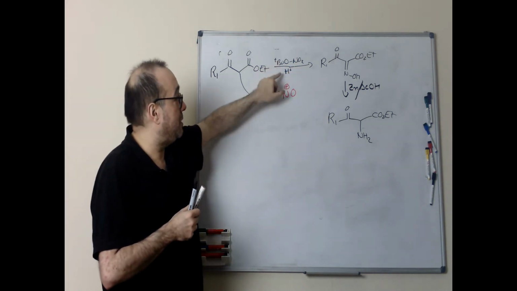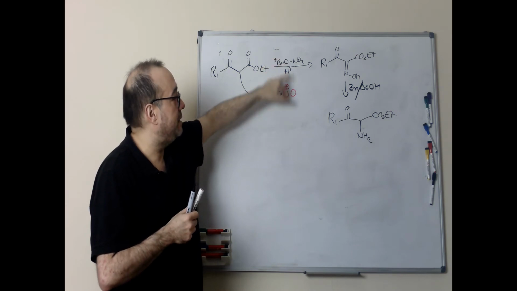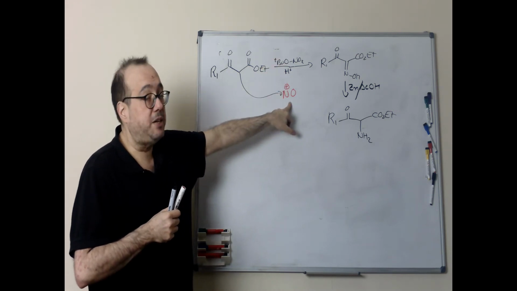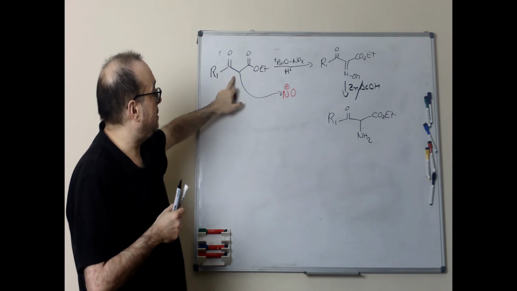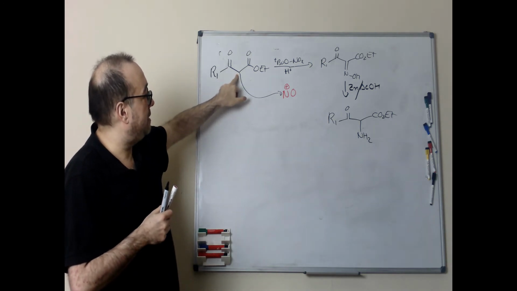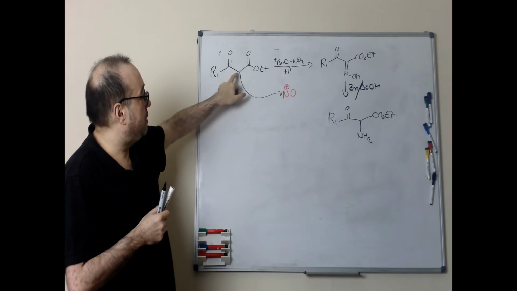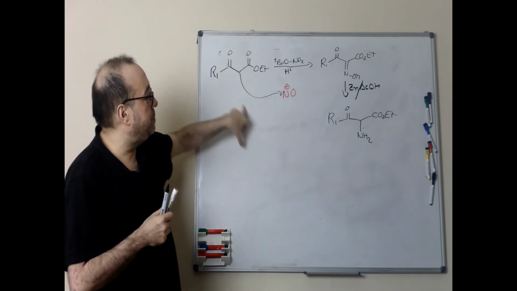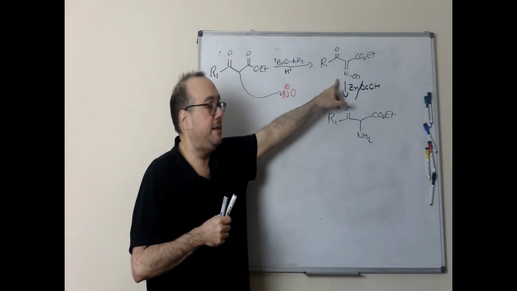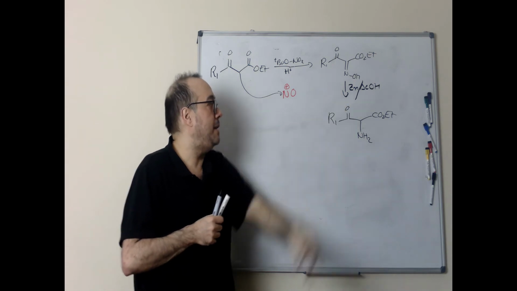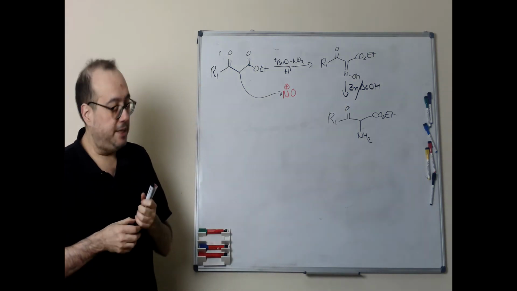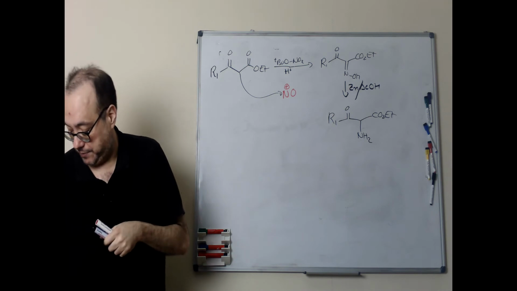The only thing this reactant is doing is generating this nitroso cation. Then remember that this position is nucleophilic, because it is in the middle of two carbonyl groups, and it attacks the nitroso to generate the oxime, then we reduce the oxime to generate the amino ketoester. Right?